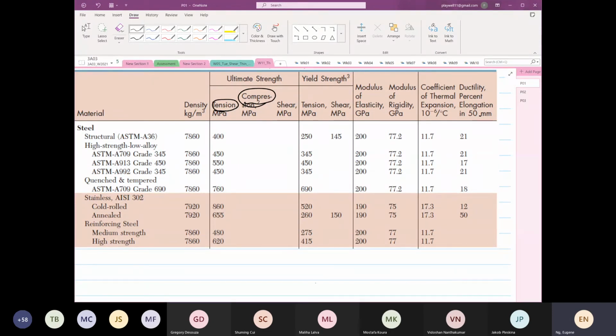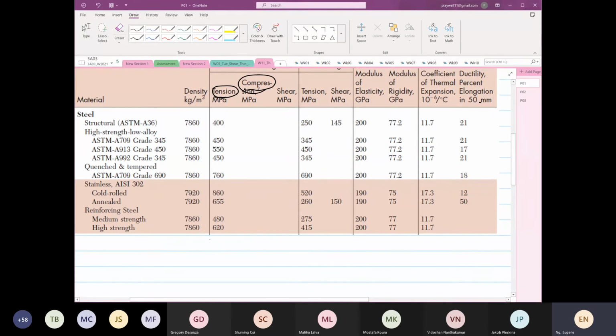So all these tests, all this data, obtained in unidirection. So in the context over here, what do I mean by unidirection? It is one direction only.